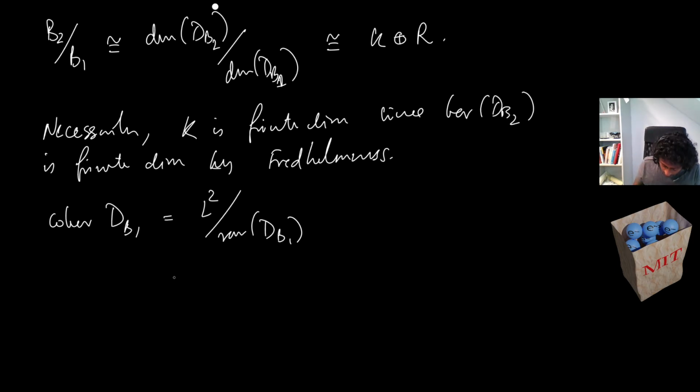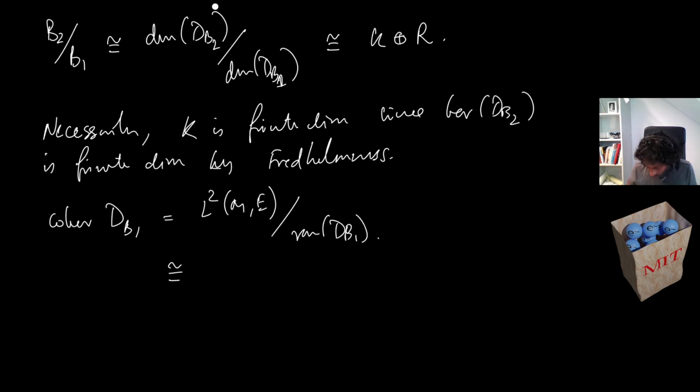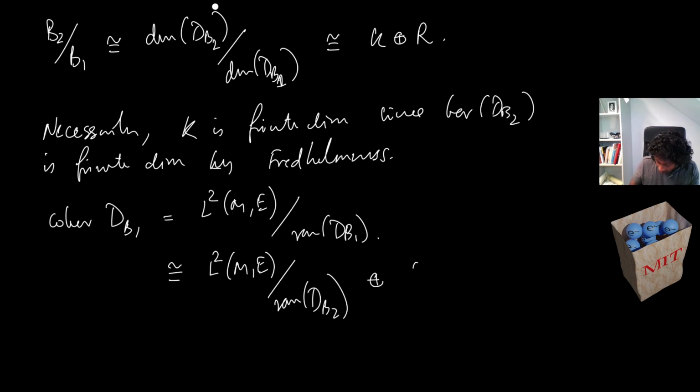But by invoking the previous lemma, this is now isomorphic to L2 mod out the range of dB2 plus the range of dB2 mod out the range of dB1.